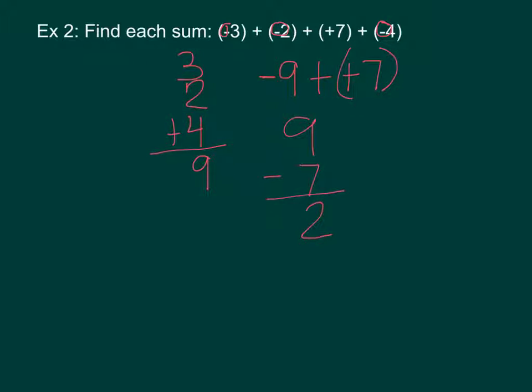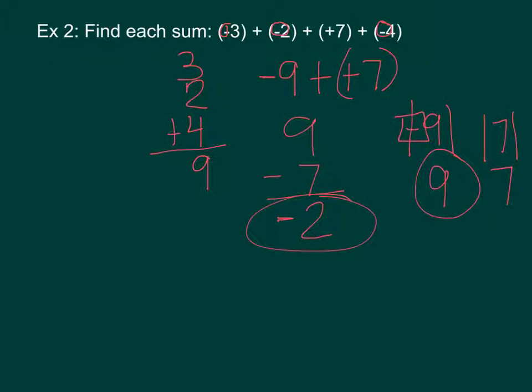My answer is going to be 2, but is it going to be positive or negative? The absolute value of negative 9 is 9. The absolute value of 7 is 7. 9 is the bigger number, therefore I take the sign on 9, which is a negative sign, and put it on my answer. My answer is negative 2.